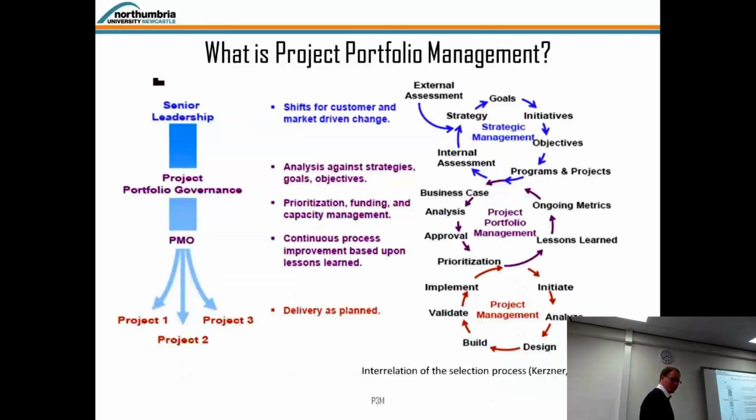Okay. So what is it actually? Here I show you already the interrelation. We now build this particular level, the business case. So this is our project portfolio management level. Just to talk you through it once, it's the idea of translating strategy into our project portfolio management.